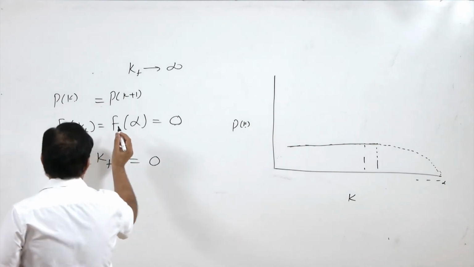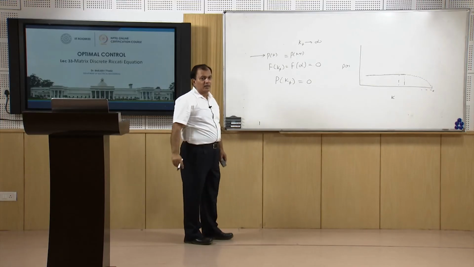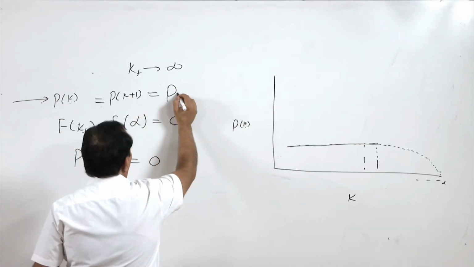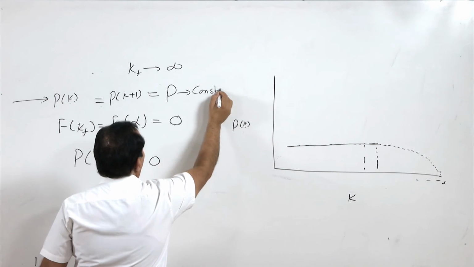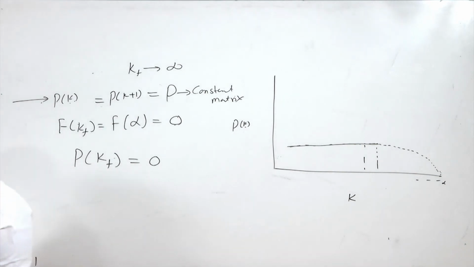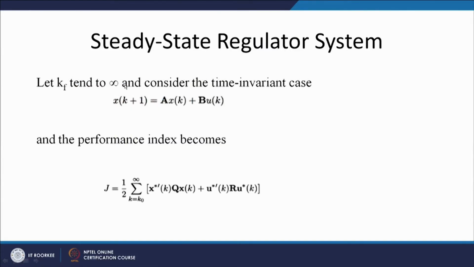So, we can say that my P k is equal to my P k plus 1, which is equivalent to some constant matrix P. If we consider K f approaching infinity and a time invariant case, this means matrices A and B are both constant matrices, and my performance index, because K f is infinity, has no meaning for the terminal cost, so it will be 0.